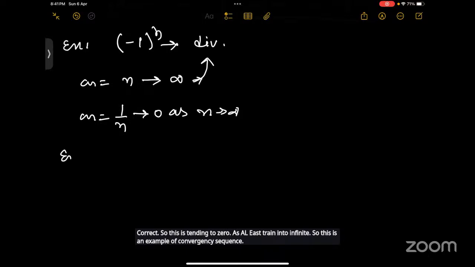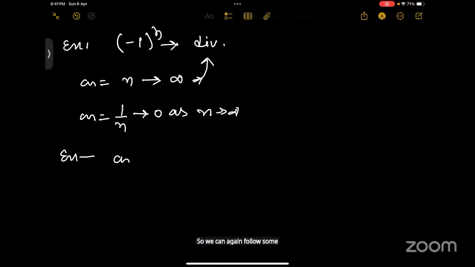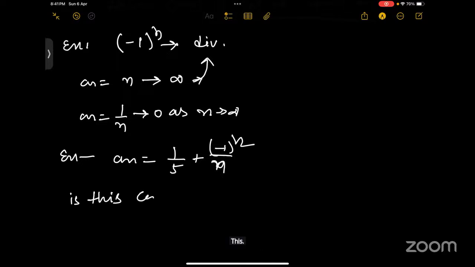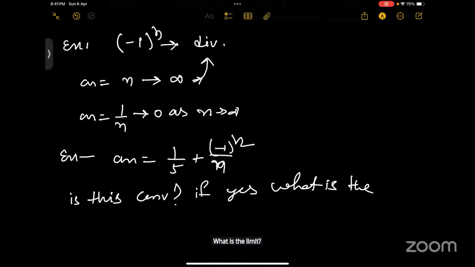So we can follow some more examples. Suppose we have an equals 1/5 plus minus 1 by n, whole to the power n. First, is this convergent? If yes, what is the limit? 1/5.